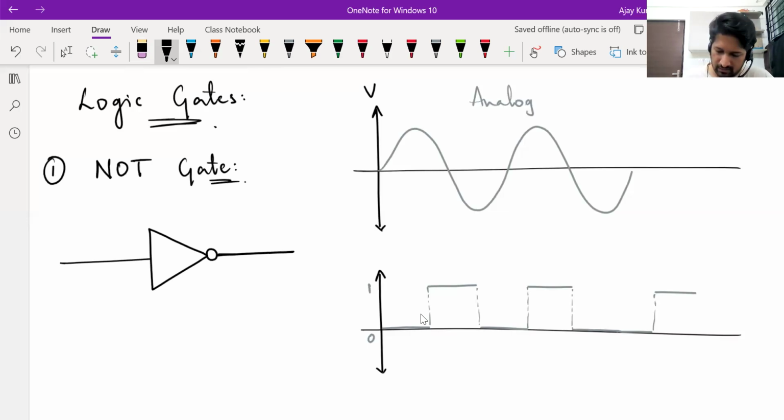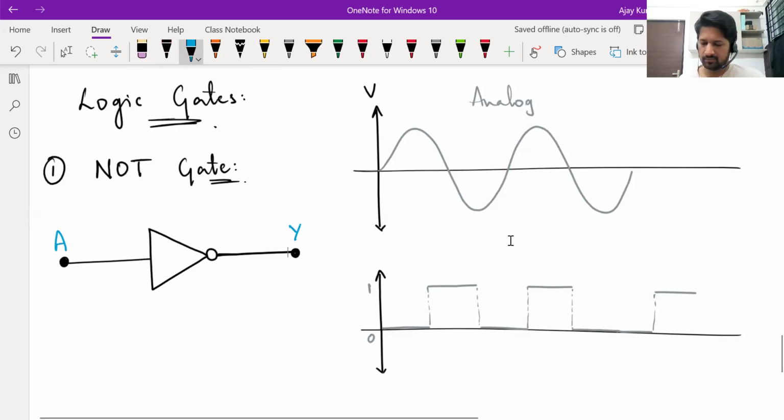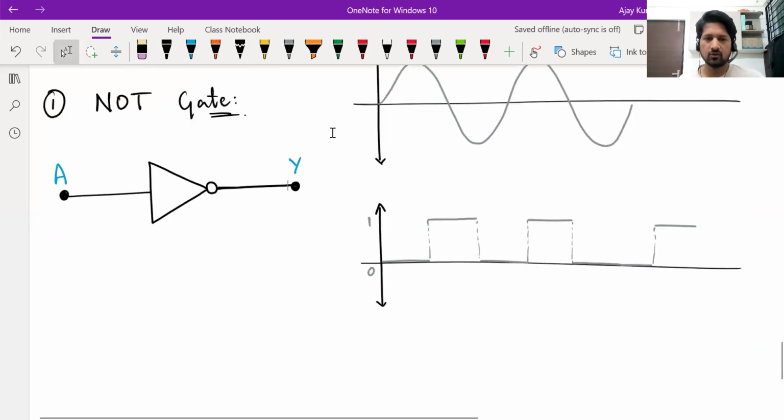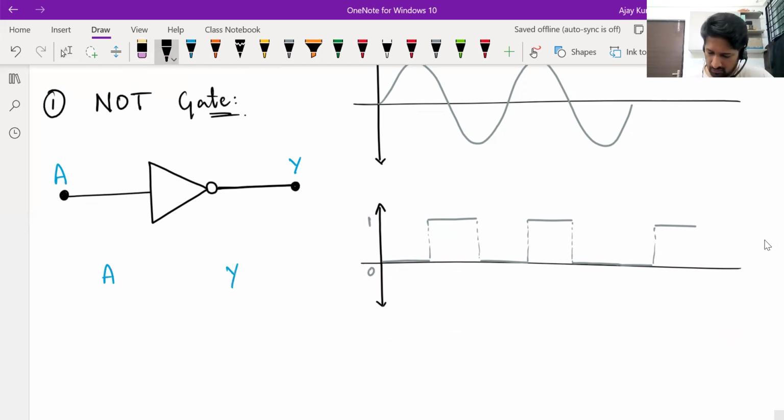It has a single input and a single output. Suppose A is the input and Y is the output. Now in digital signals, there are only 2 inputs that you can give, a 0 or a 1. So suppose A is 0, then Y will be 1. If the input is a low voltage, output will be a high voltage.